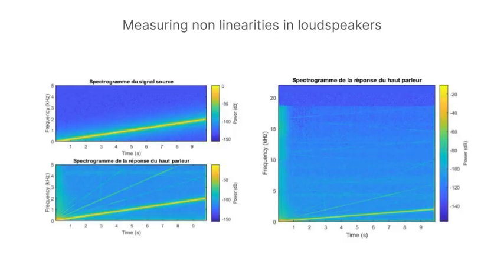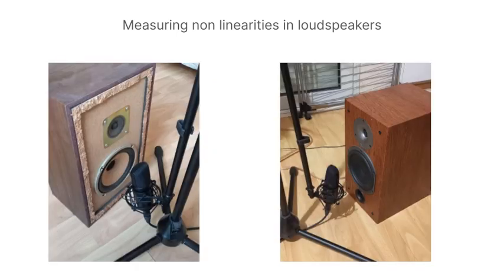For example, in this graph representing the frequency response of a loudspeaker, we can see that when we send a chirp input signal corresponding to a frequency sweep, we see lines appearing at different multiples of the frequency sent.